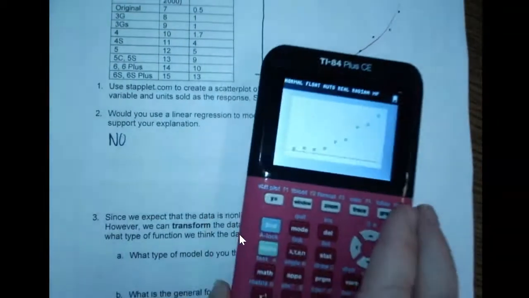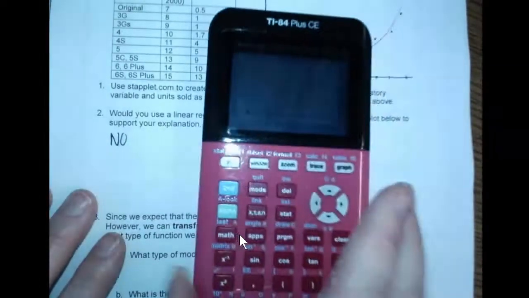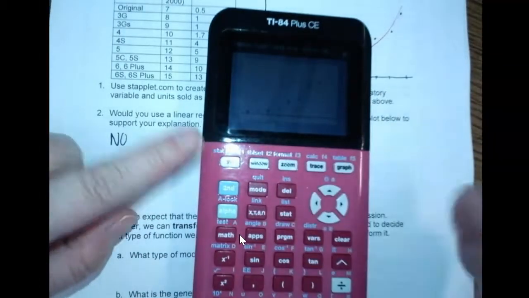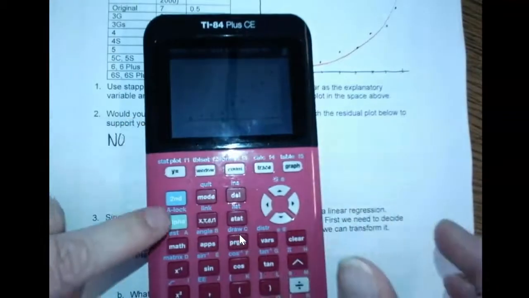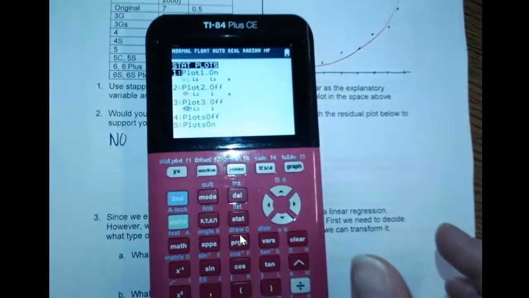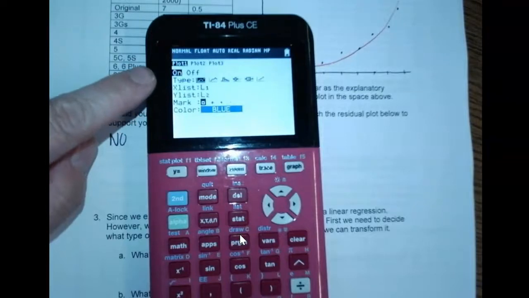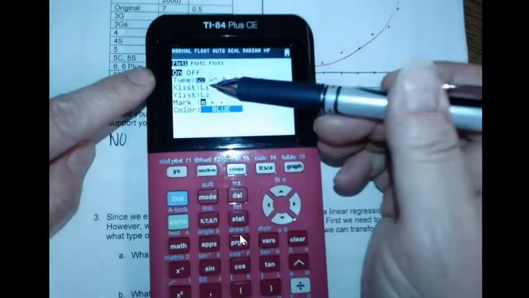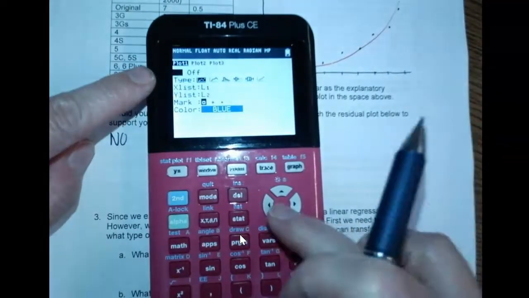So here we have our calculator. I want you to go back into stat plot. So that's the second y equals. Go back to where you were, the original one. And so we had told it the data was in list 1 and list 2.